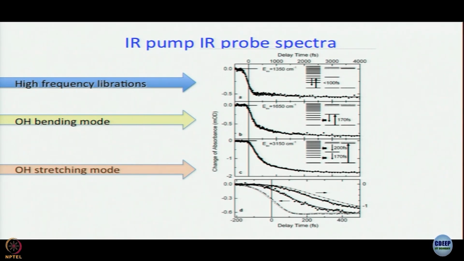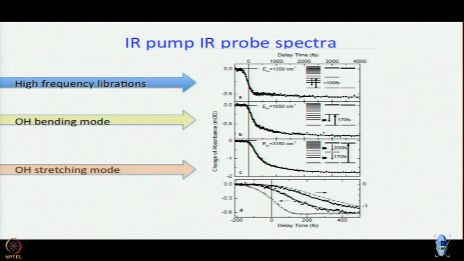So, there again the model becomes important, and two rise times are okay here, because you see two kinds of energy transfer. One is from stretch to bend, and then from bend to libration. Again, we are only providing you an overall view of this paper.